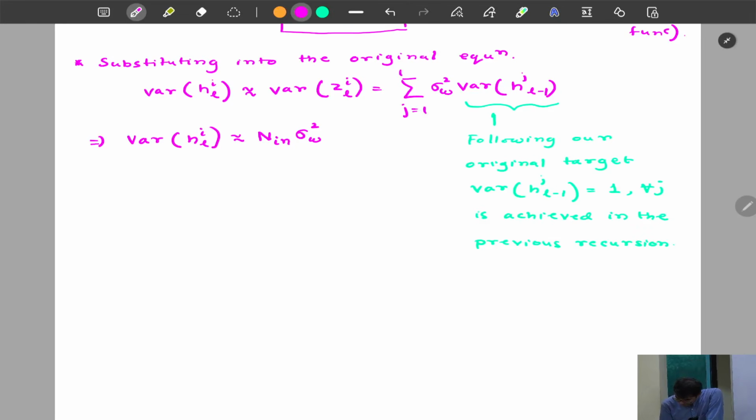What is N in? Number of neurons in the previous layer. I am calling it N in because it is N input. So for that layer, that is the input. But it is basically the number of neurons in the L minus 1th layer, right?